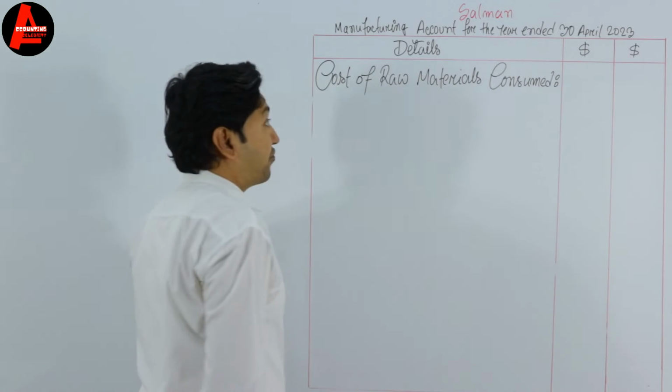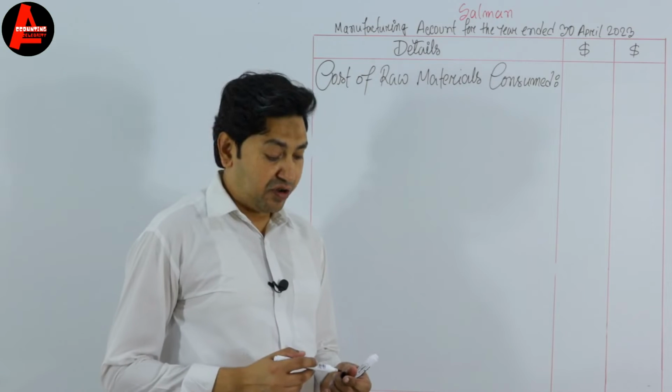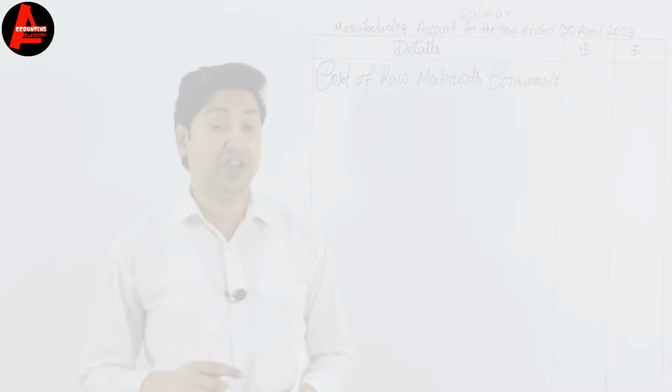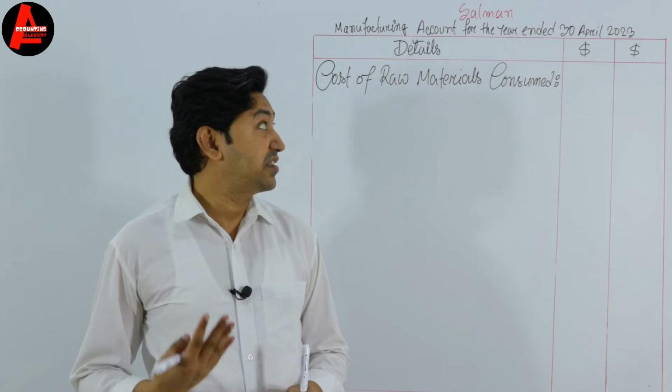So here our first item is opening inventory of raw materials, yeah? On the question we have inventory at 1st May 2022, okay? Here we have raw materials 8,190. Here we have work in progress and finished goods, okay? Finished goods we will not take, it will go to the income statement, okay?